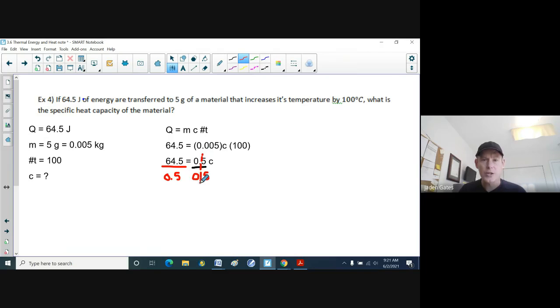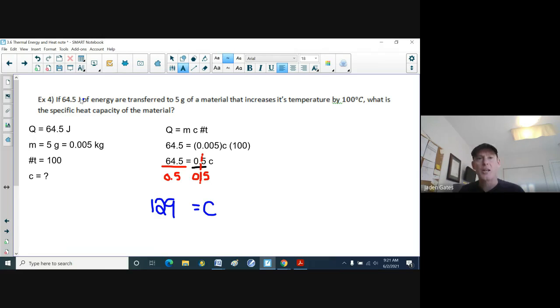So those divide each other out, and it turns out my C value will be whatever 64.5 divided by 0.5 is. And the C value is 129. So if you were able to measure how much energy you put into a piece of material and see the temperature difference, you can get the specific heat capacity of the material.